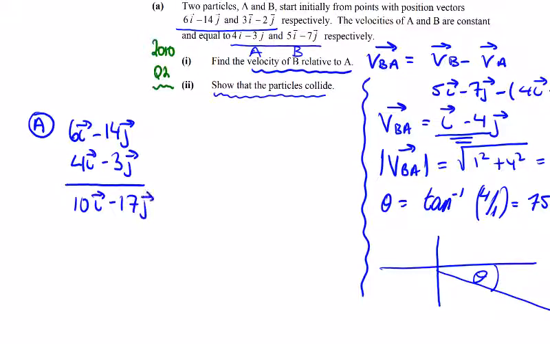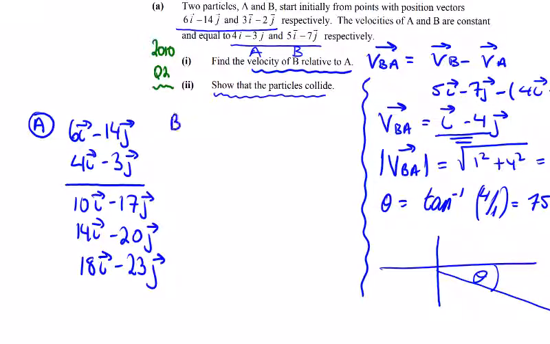We could just keep going, up 4 down 3, 14i minus 20j, up 4 down 3, then 18i minus 23j.